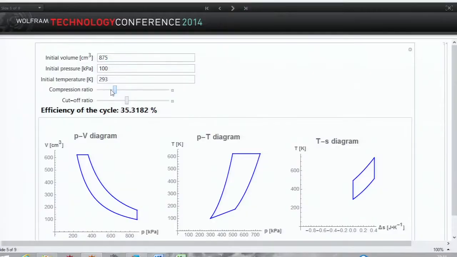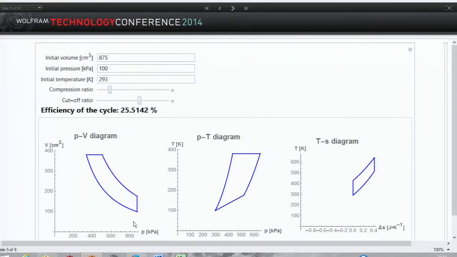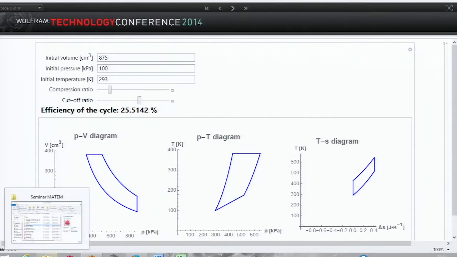Then just by changing the compression ratio and cutoff ratio, you can see that the efficiency of the cycle and the whole diagrams are changing. The compression ratio is the ratio of the initial volume to the volume after the piston compresses the air in the cylinder.